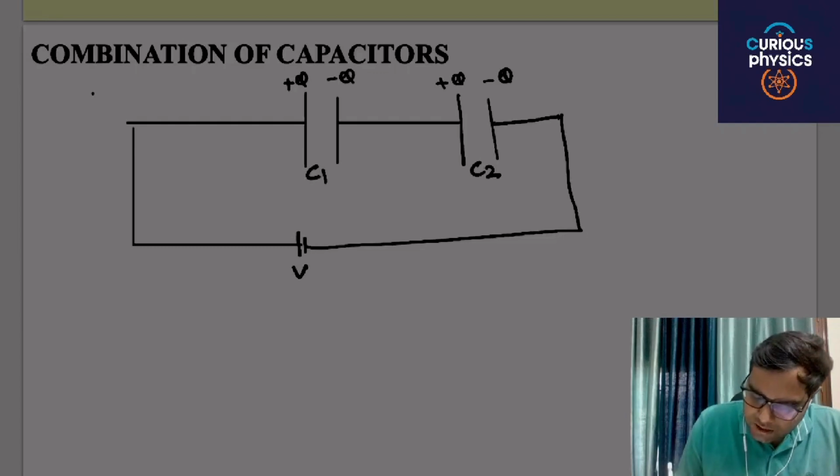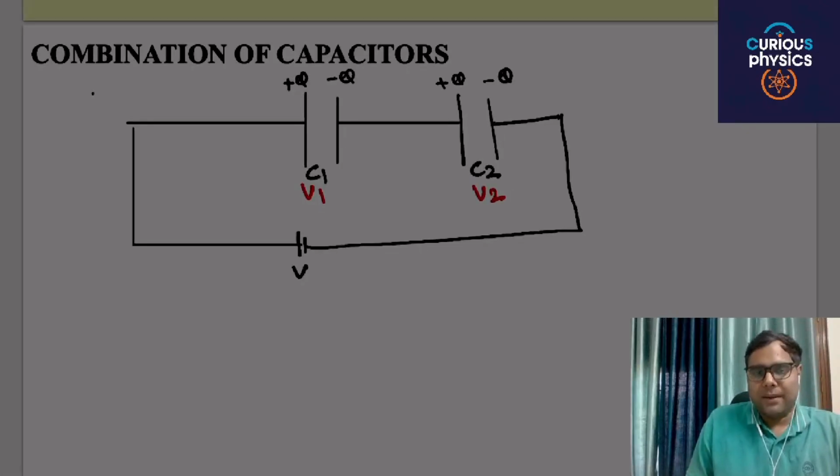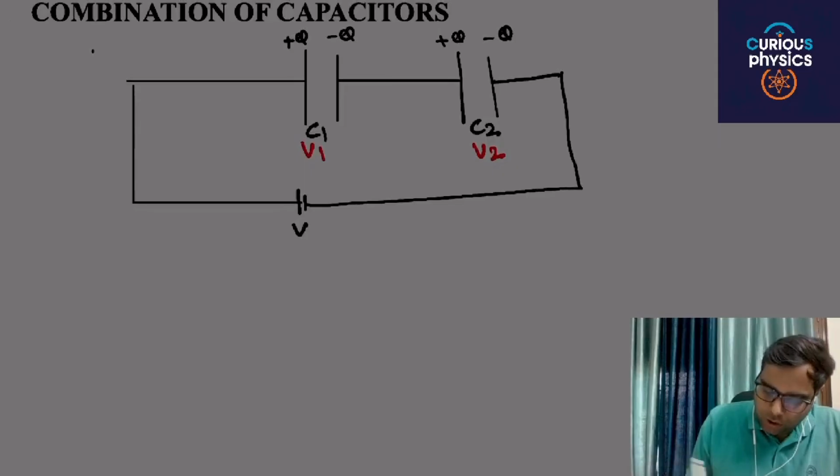In series, V1 is the potential across capacitor 1 and V2 is the potential across capacitor 2. So here the total V is equal to V1 plus V2.